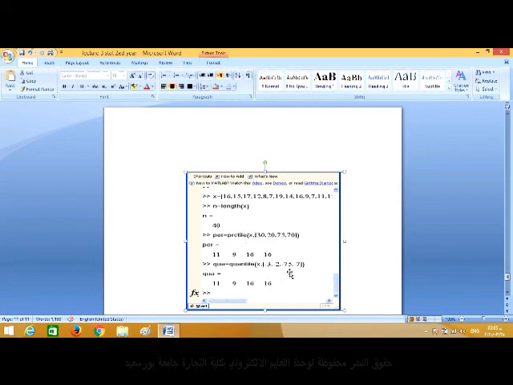So the 30th percentile is 11, the 20th is 9, the 75th is 16, and the 70th is 16. Or we can also use quantile and use the decimal point instead of integers: 0.3, 0.2, 0.75, 0.7, but the answer is the same.